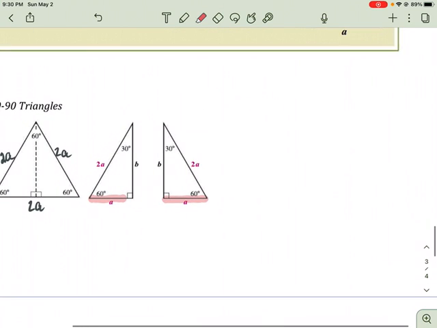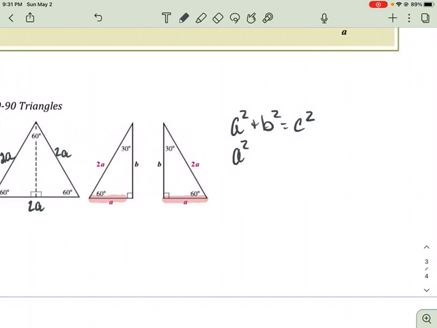Okay, so let's do our Pythagorean theorem. A squared plus B squared is equal to C squared. So A squared plus B squared is equal to 2A squared. So A squared plus B squared equals 4A squared.